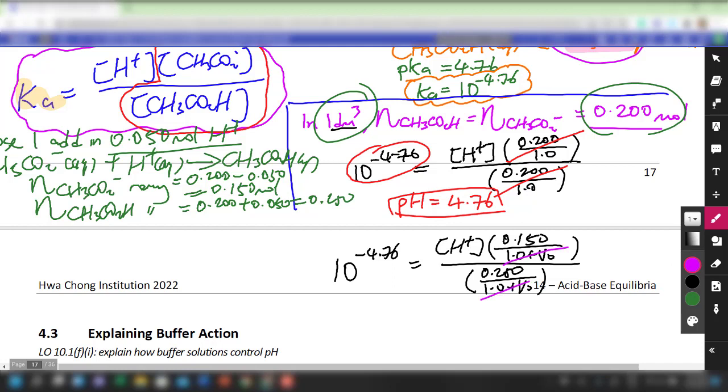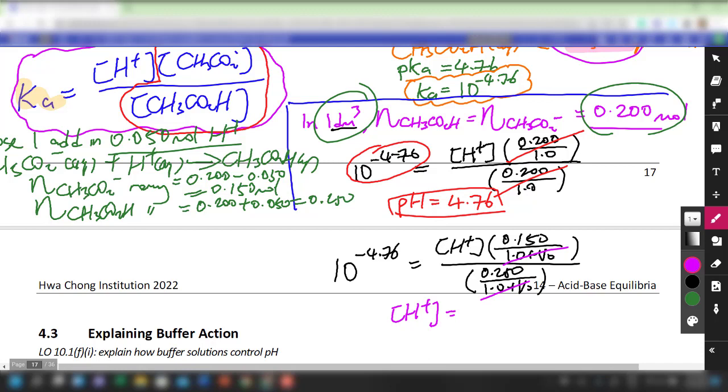If I punch my calculator from here, I will be able to get the H+ concentration. 0.15 divided by 0.25 gives me 0.6.